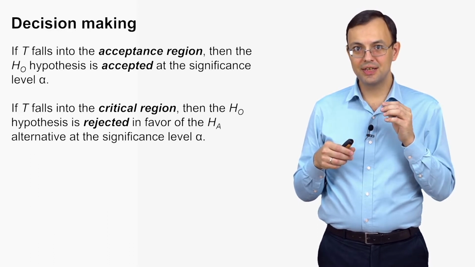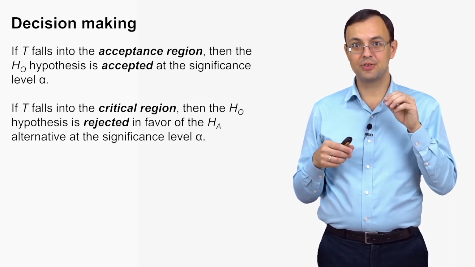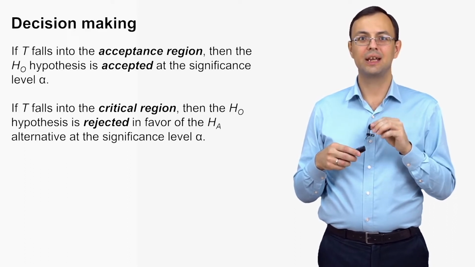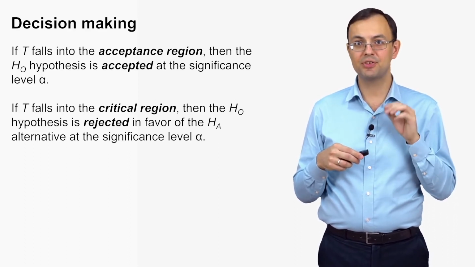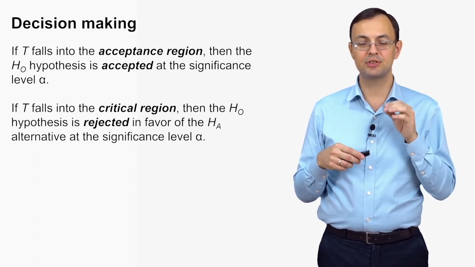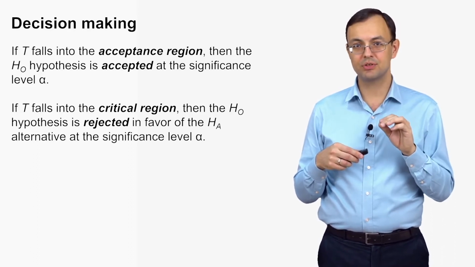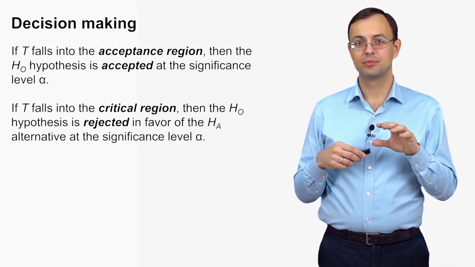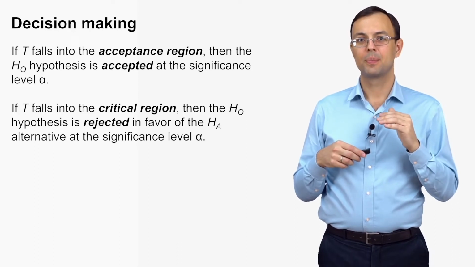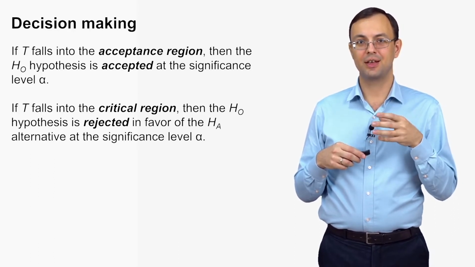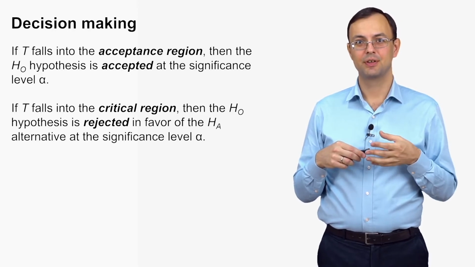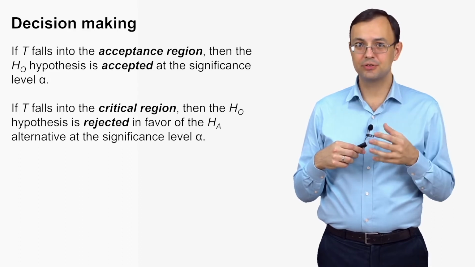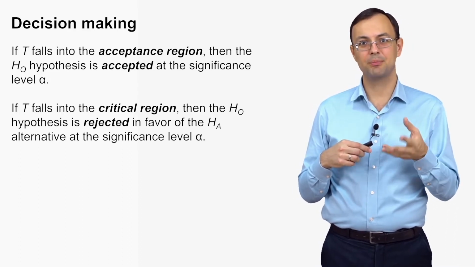And this affects the answer we are giving. We don't say H0 is true or H0 is false. We don't say that the null hypothesis is true or the alternative hypothesis is true. We still don't know. We just say we accept or we reject. We have some reasons, and these reasons are just our observations. Our observations are such that we think it's better to reject or to accept the hypothesis.